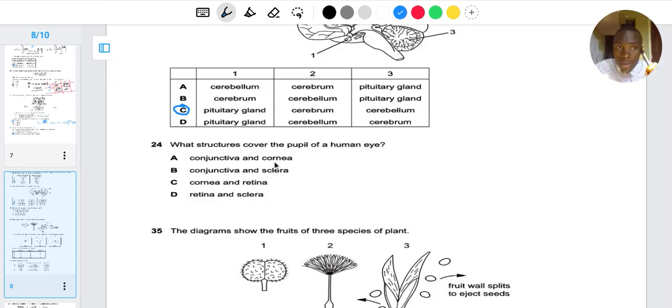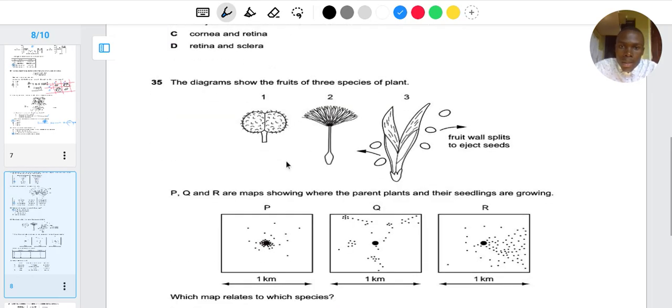The cornea is just the outer part. But the sclera is the white part of the eye, so it doesn't cover the pupil. So we are going to have the conjunctiva as well as the cornea, which is a transparent part.